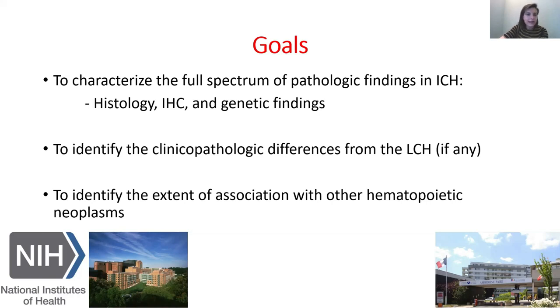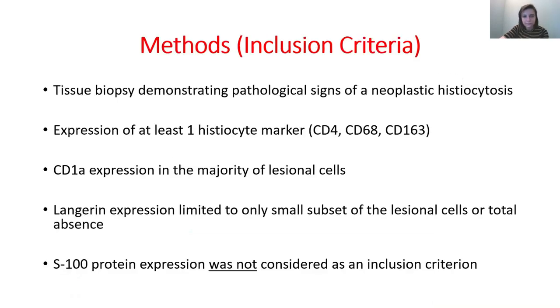The second goal is to identify the clinicopathologic differences from LCH, if there is any difference, and to identify the extent of association with other hematopoietic neoplasms. Our inclusion criteria were tissue biopsy demonstrating pathological signs of a neoplastic histiocytosis, expression of at least one histiocyte marker, which can be CD4, CD68, or CD163, it doesn't have to be all together.